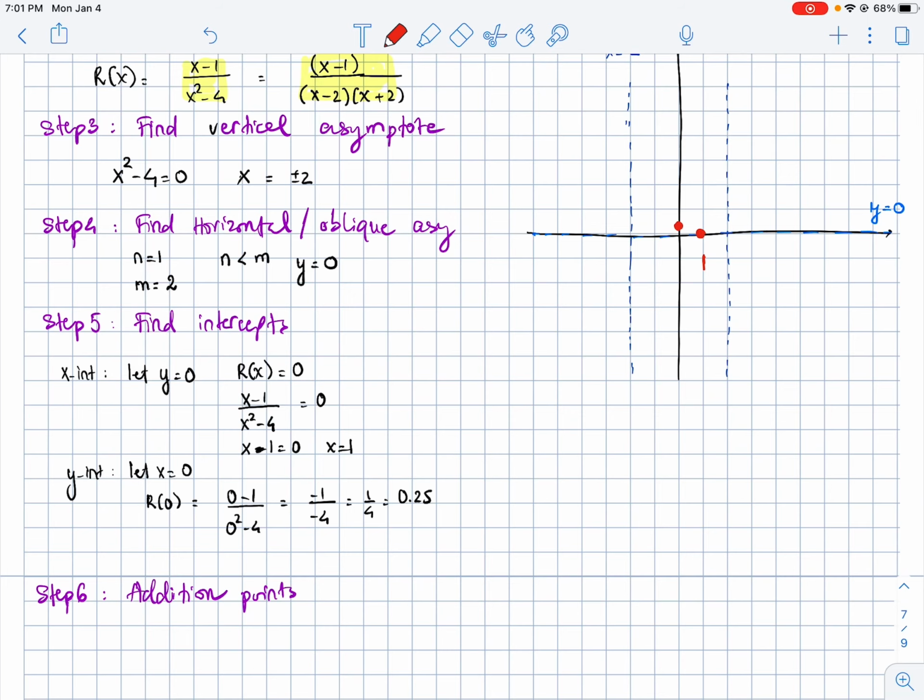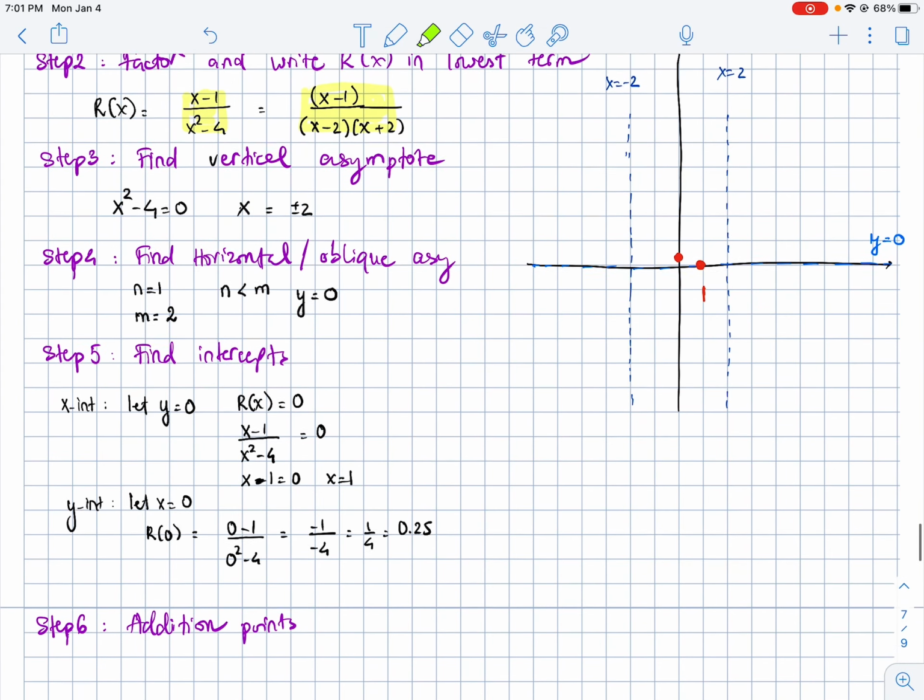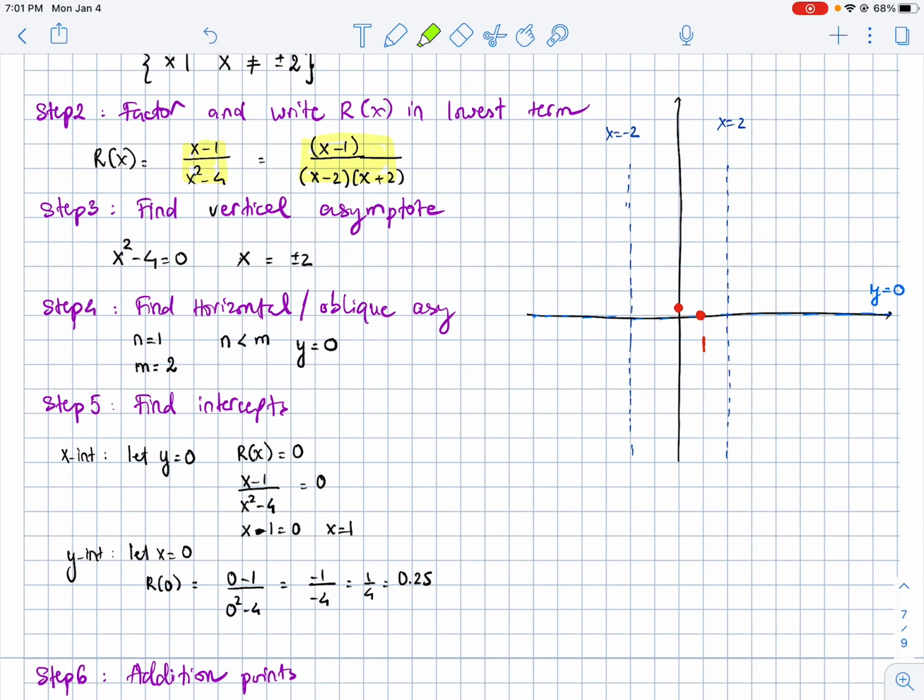We need to make additional points to complete this graph. The way to do this is that we will make points in between the vertical asymptotes and the points. What do I mean by that? We will make points in this interval, and in this interval between the red point and the asymptote, the x-intercept.